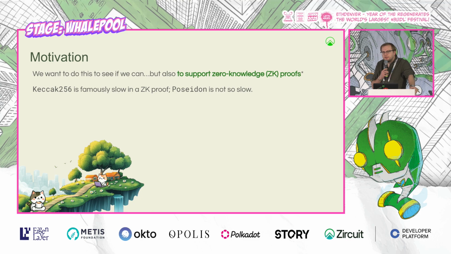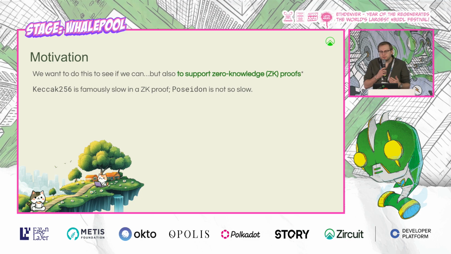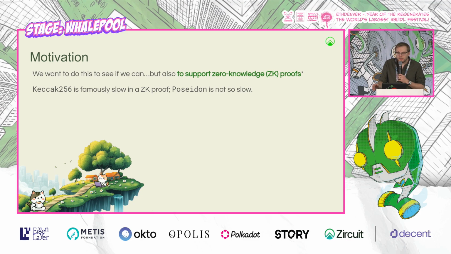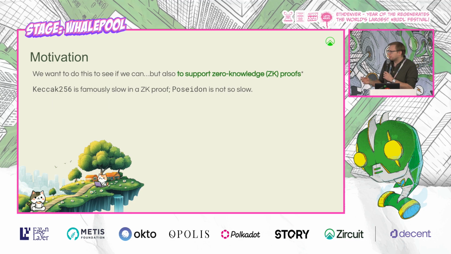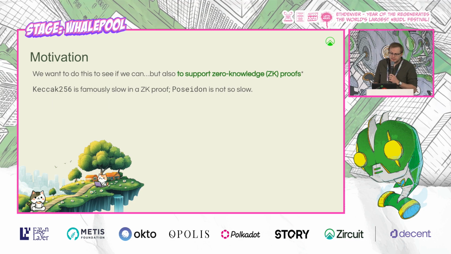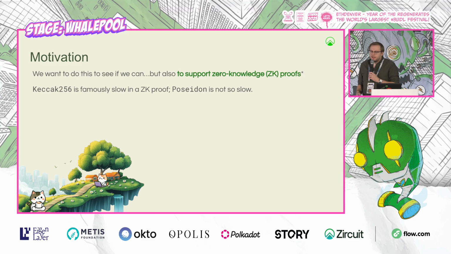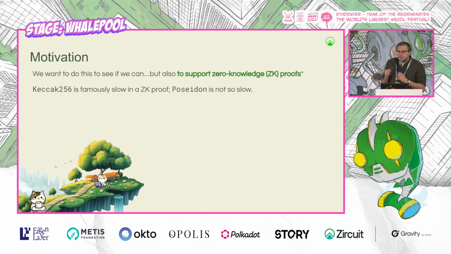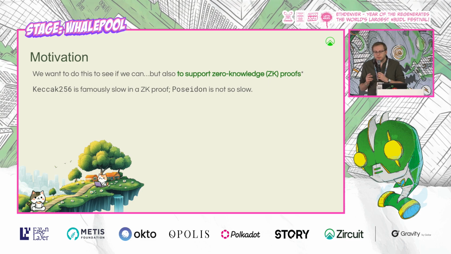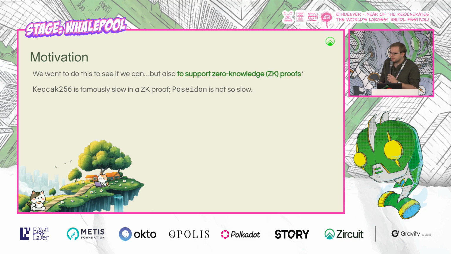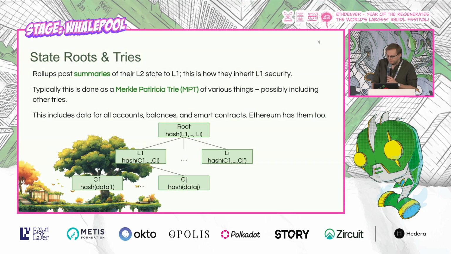And that is apparently not very good for zero-knowledge proofs. It does operations that zero-knowledge proofs take a very long time to do. And it does this because it's built on this notion of Keccak256, which is a famously good but zk slow hash function. So if we could change that to something that's a little bit more favorable, like Poseidon, you've probably heard this all over the place, that's not so bad for zk proofs. So let's see if we can do it.